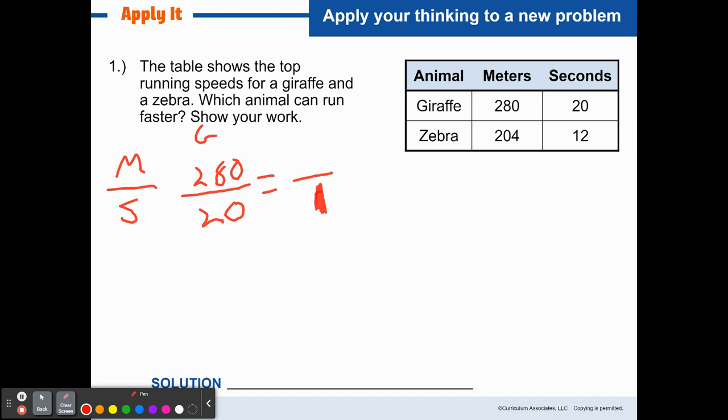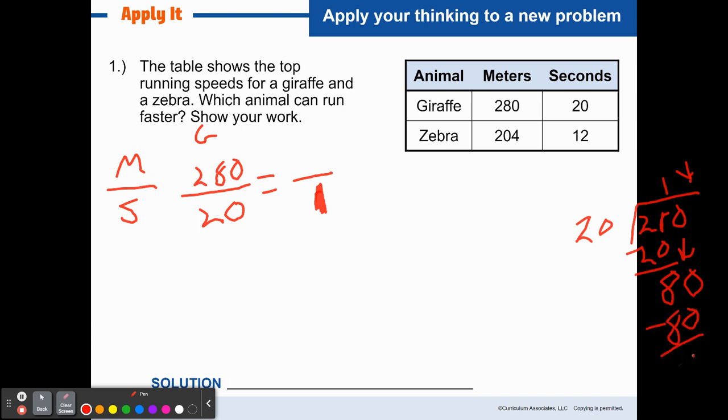So we want to do 280 divided by 20. 28 divided by 20 is going to be 1, minus 20 is 8. Bring down the 0. 4. 4 times 20 is 80. Right? So 14 meters per second.